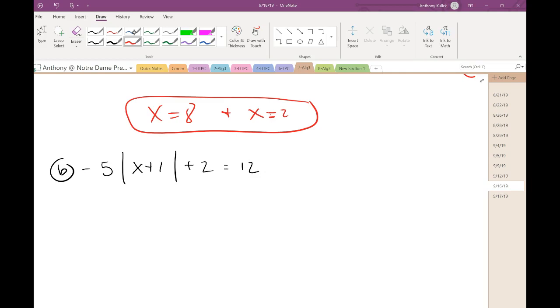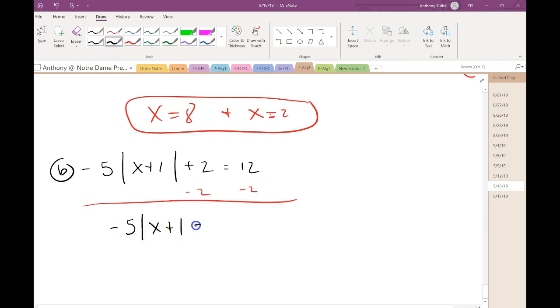Okay, so overall the plan is to isolate the absolute value. To do that, the first step should be subtracting 2. Divide by negative 5, right? Everybody agree with that?